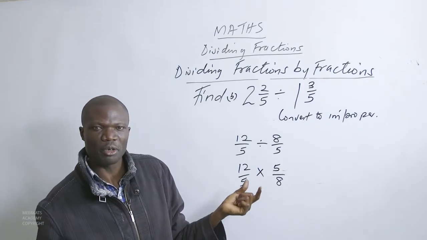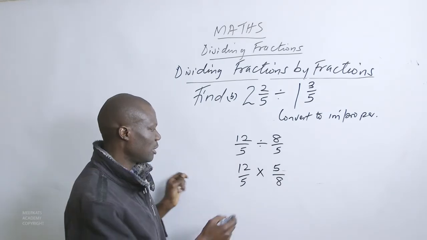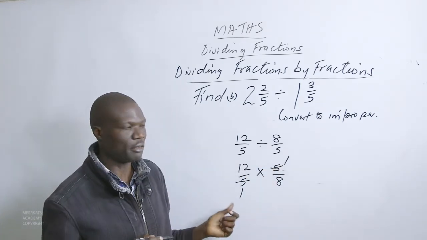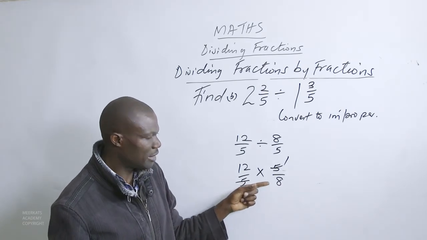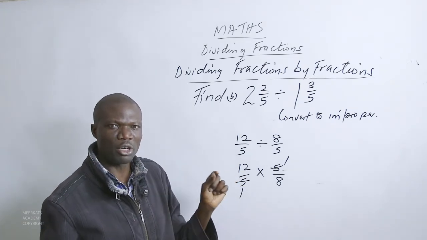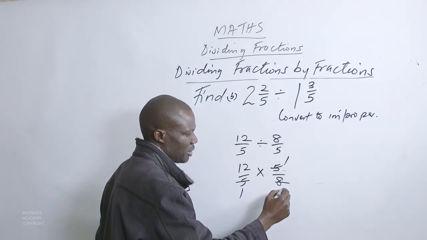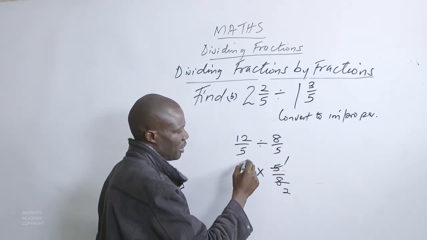Look at where possible we can cancel. 5 is common here, so by 5, 1, by 5, 1. 8 and 12 have a highest common factor of 4, so by 4 is 2, by 4 is 3.